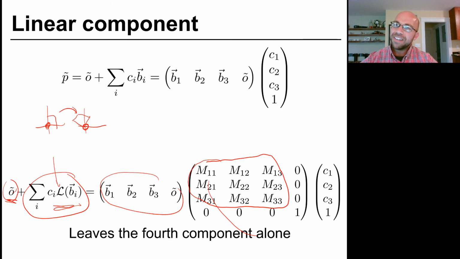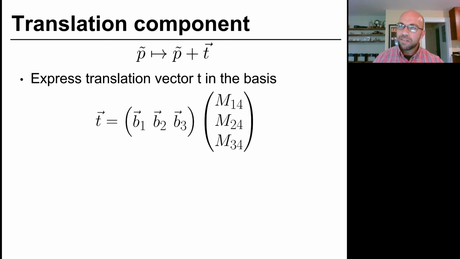But we can do more than just linear maps. We can also carry out translation. This is where things get kind of cool. So remember that it makes perfect sense to talk about the translation map, the map that takes a point and adds a vector to it. So in general, in this class, if you're ever not sure what to do, you should take vectors and write them in a basis. It's just a good thing to try.